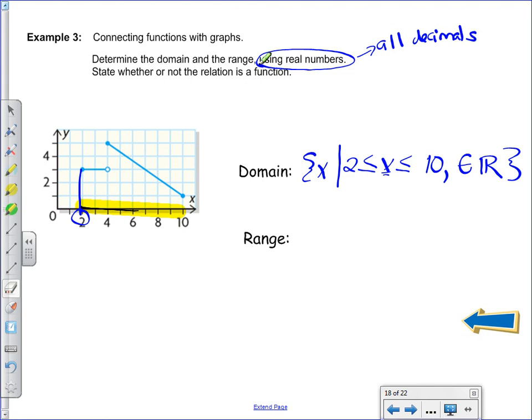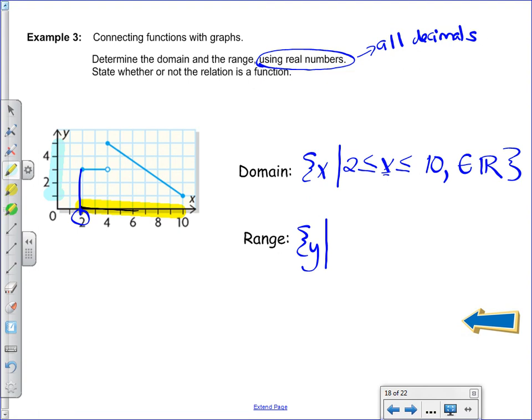Okay, range. Range will be similar. Y such that y, again, if I look here, my lowest value of y starts here, and it goes up to here, and it touches all y points.